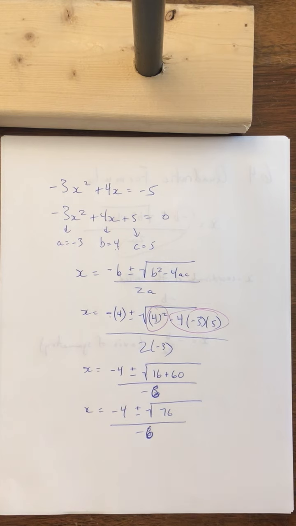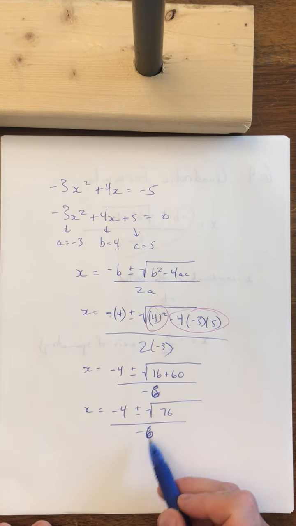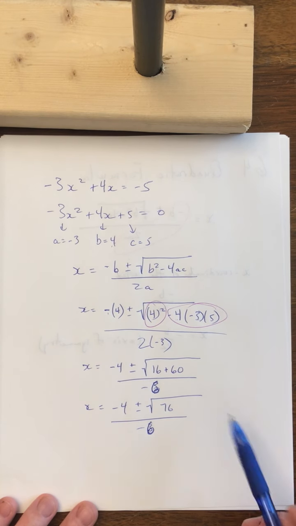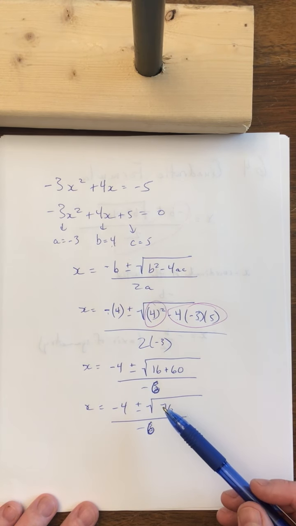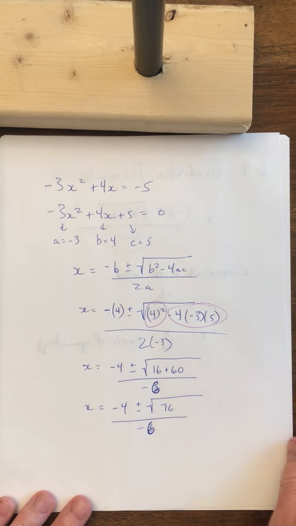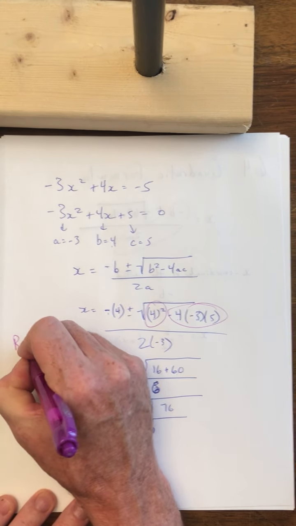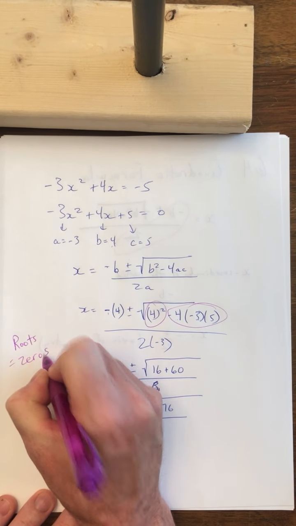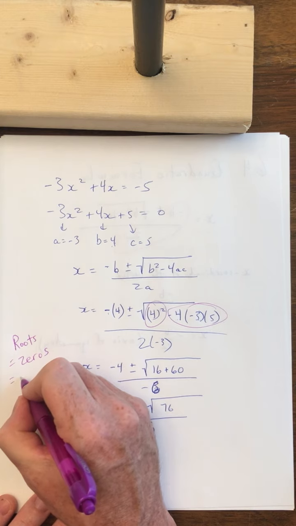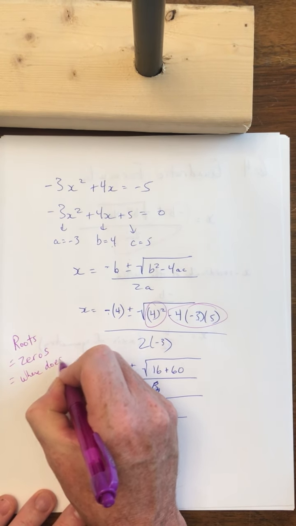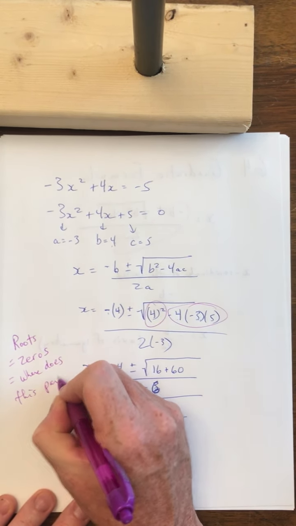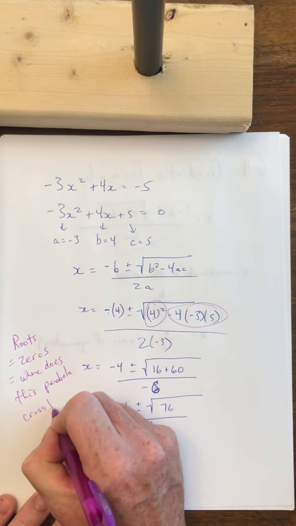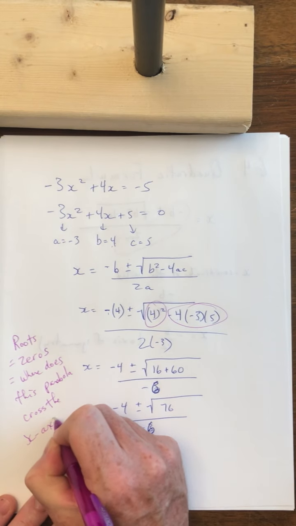All right, done. And I know that looks dirty, but we are just trying to find out what this formula does. It lets us know what the roots are. And remember, roots are equal to the zeros of the equation, which is basically where this parabola crosses the x-axis.